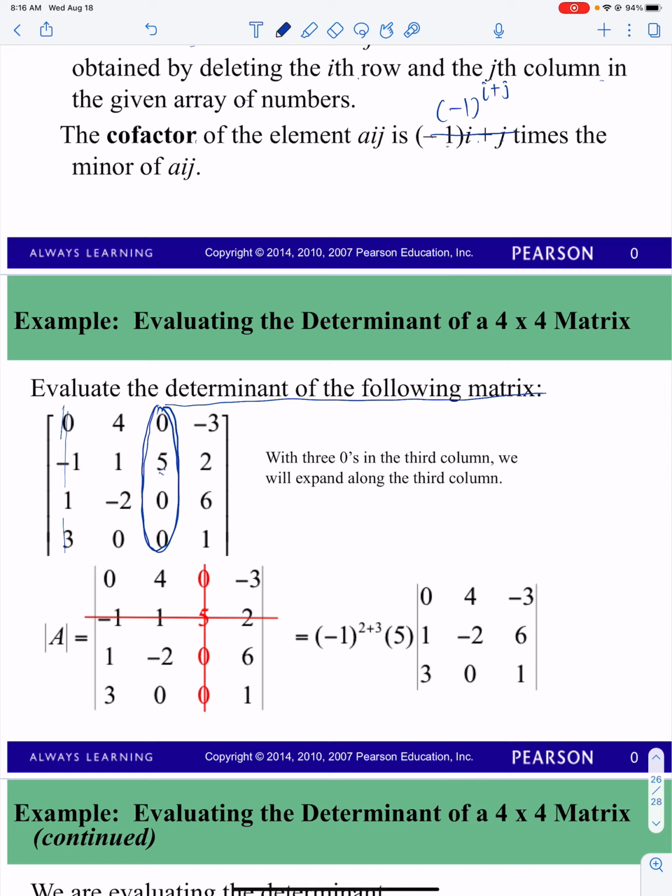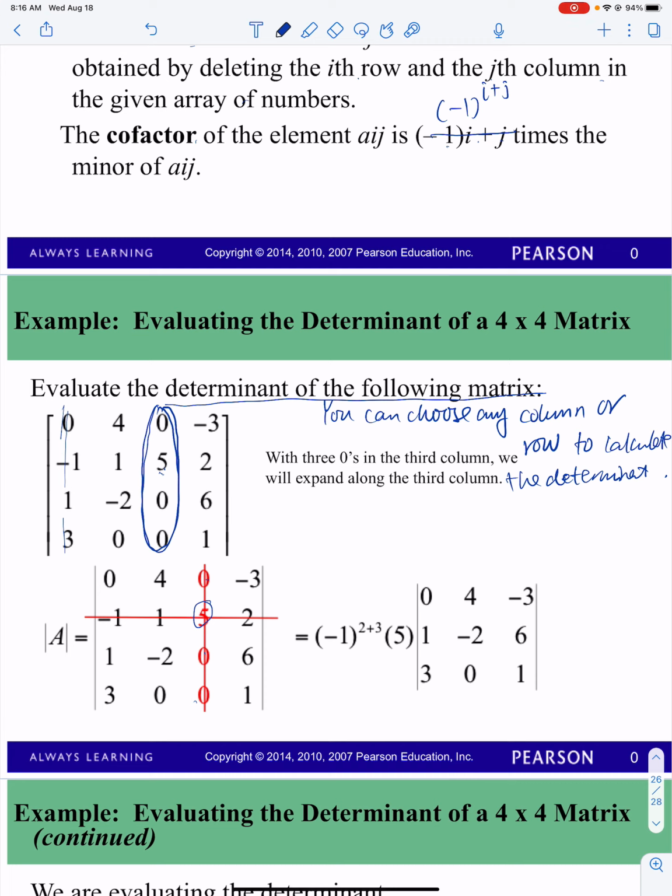Okay, you can choose any column or row to calculate the determinant. But for all the zeros, do you need to care? No, so you only need to care about 5.